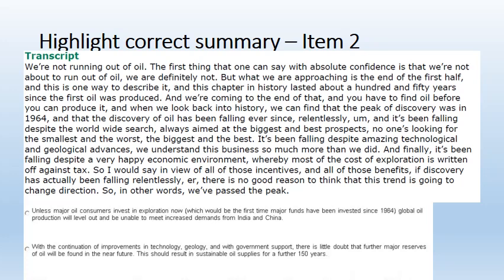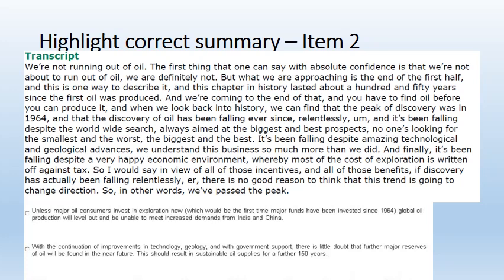relentlessly, and it has been falling despite worldwide research, always aimed at the highest, biggest, and best prospect. No one's looking for the smallest and the worst, the biggest and the best. It has been falling despite amazing technology and geological advances. We understand this business so much more than we did, and finally it's been falling despite a very happy economic environment whereby most of the cost of exploration is written off against tax.